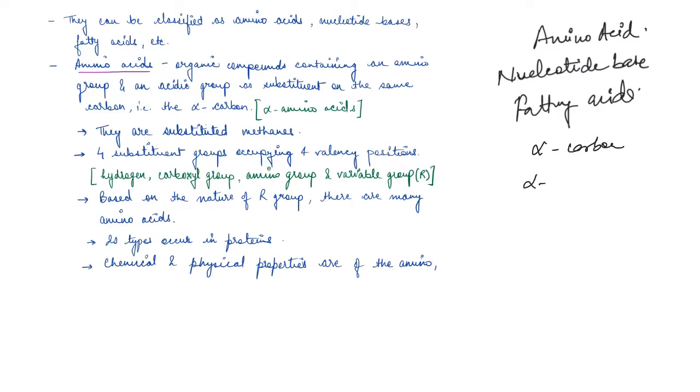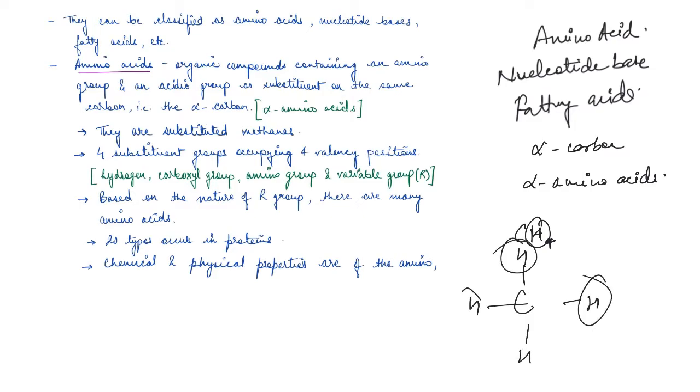That is why they are known as alpha amino acids. These are basically substituted methanes. Methane is CH4, so these hydrogens are substituted.